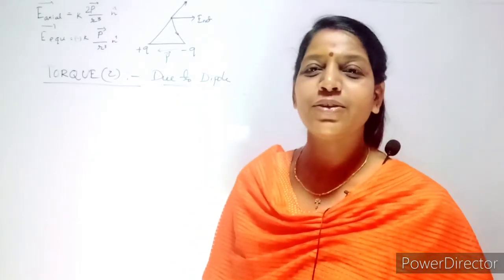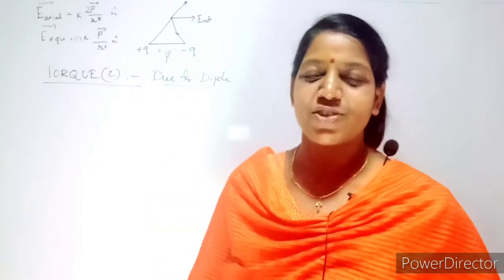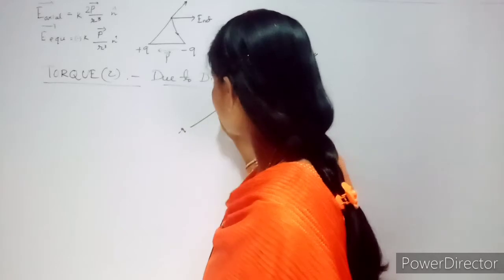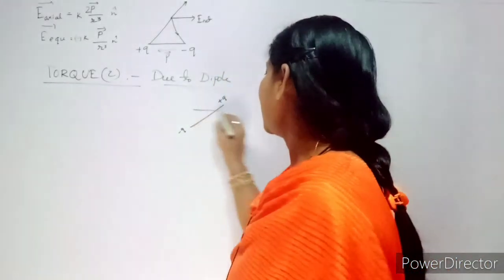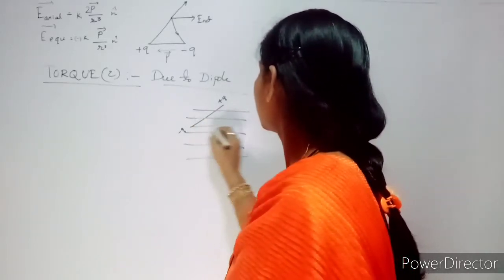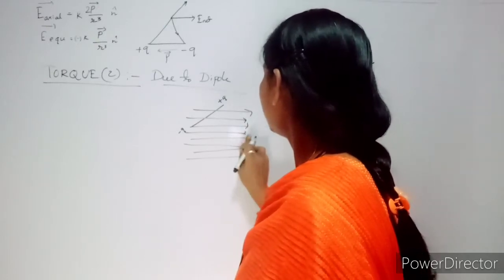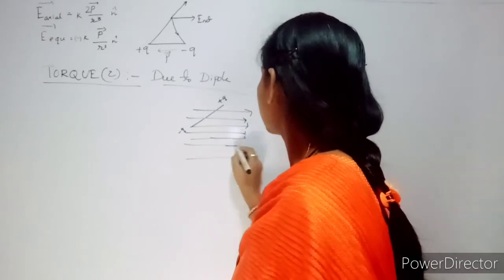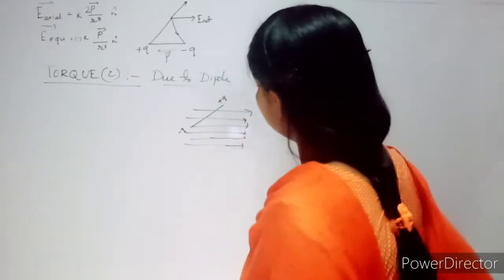So here similarly we are going to find the torque of a dipole. What you are going to do? Take a dipole. Dipole is nothing but two equal and opposite charges. So take two equal and opposite charges, let it be minus Q, let it be plus Q, and place it in an electric field. These are all nothing but uniform electric field.